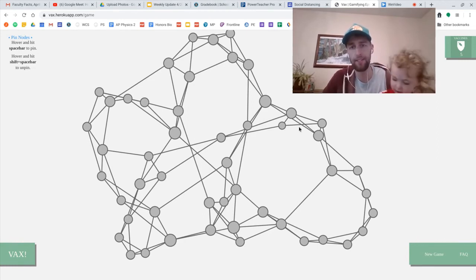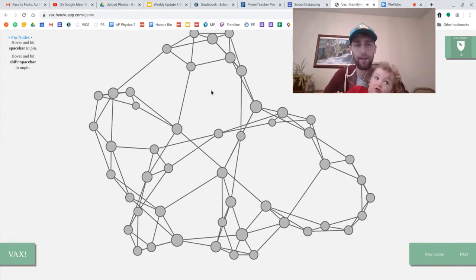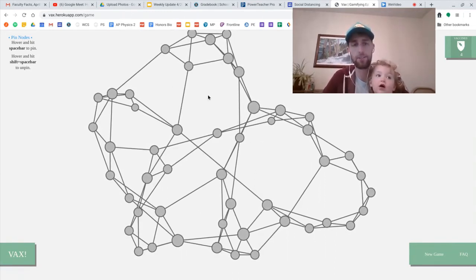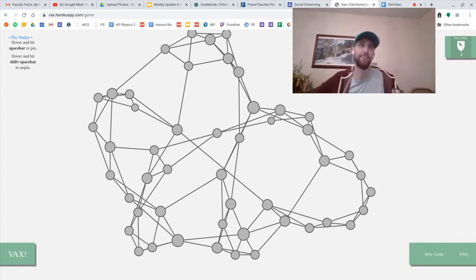To give a vaccine to someone, all you have to do is click on them, and their circle disappears, and all the connections to it also disappear. And that doesn't mean that that person no longer comes in contact, but it means that if they have a vaccine, even if they come in contact with those people, they're not going to be able to spread the disease, and they're not going to get it themselves.